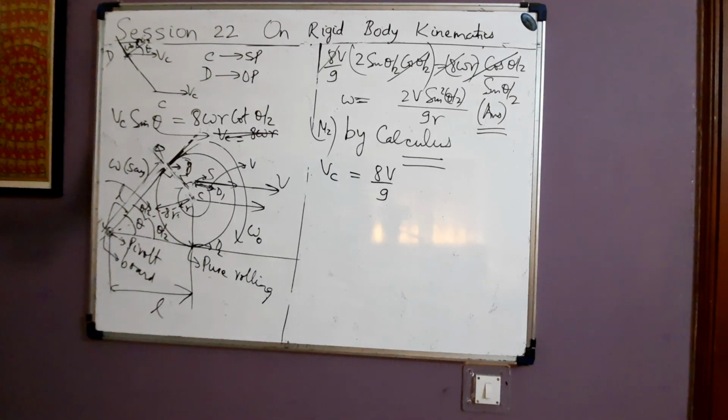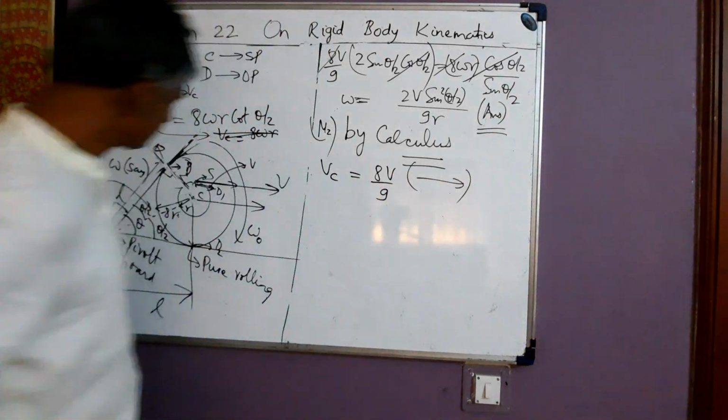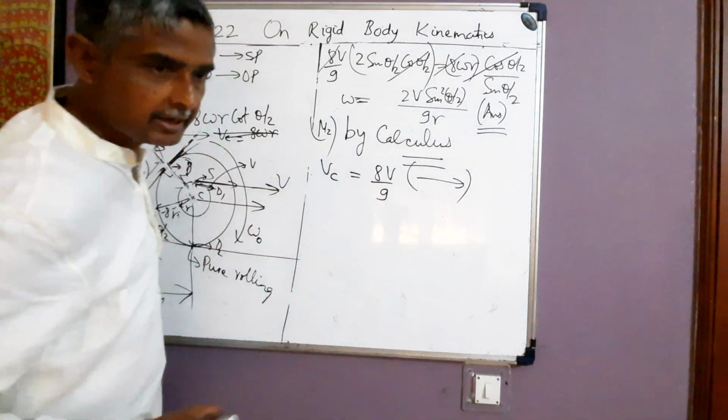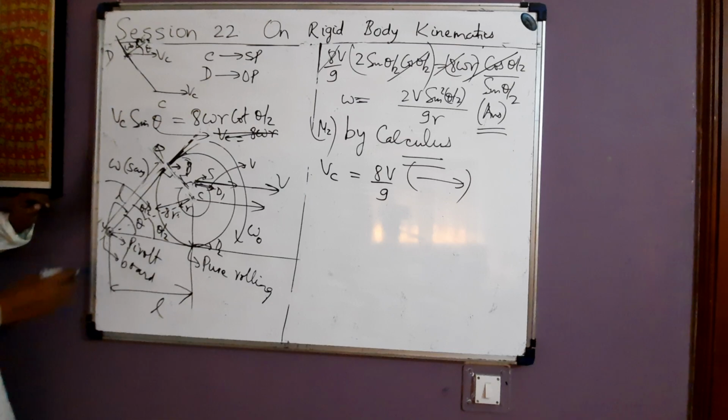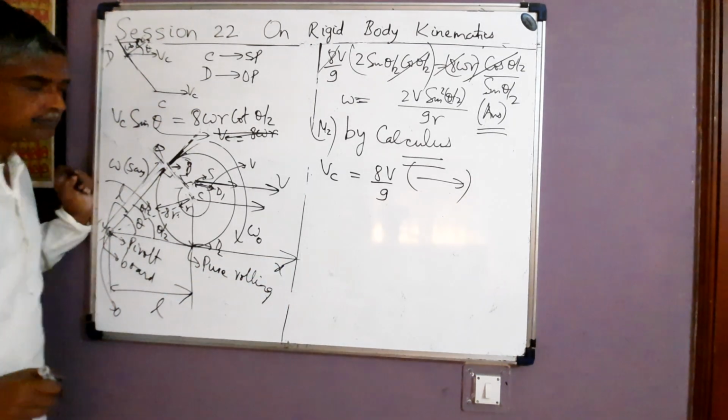Now see, this Vc is directed in the rightward direction. The center C moves rightward at a constant speed of 8V by 9. Suppose we take the pivot to be the origin and this direction to be the x-axis.